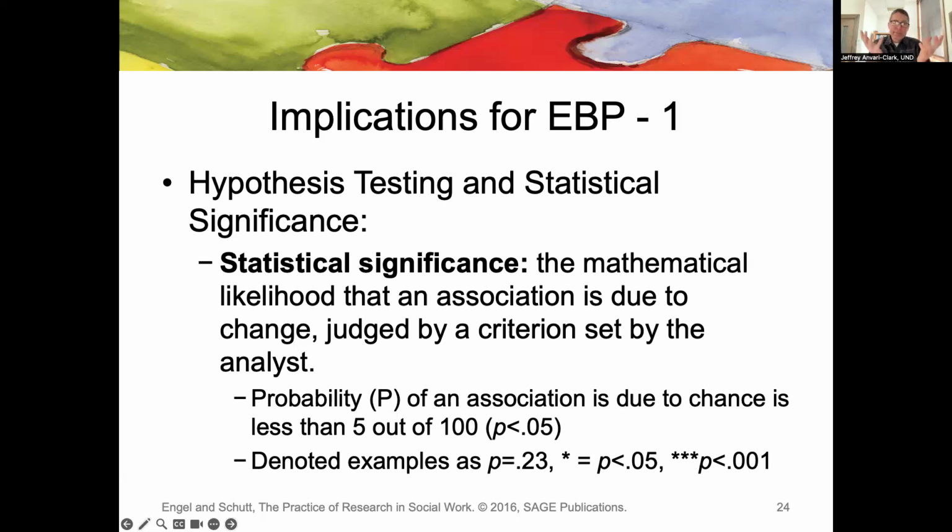Now, there's nothing that says that if you have a 0.06, your finding is statistically insignificant and you didn't find anything. Honestly, it's kind of an arbitrary thing.